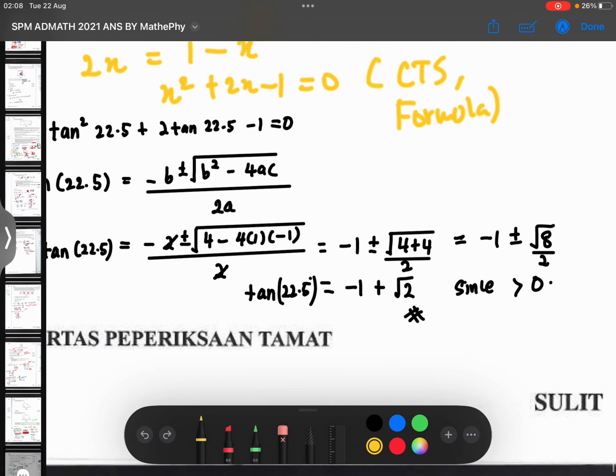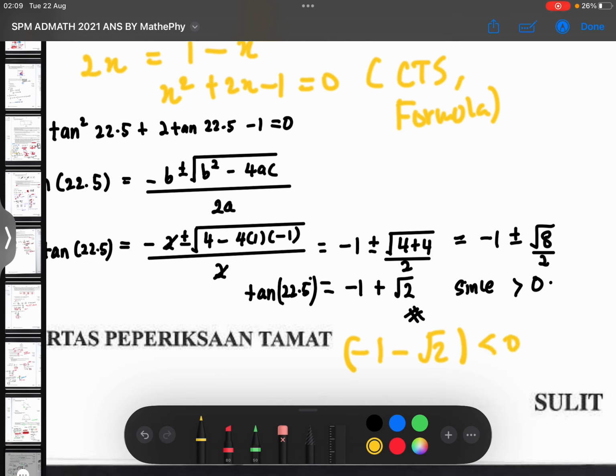Because for the formula you have plus and minus, you need to consider the plus version of the answer: minus 1 plus square root 2. Because if you take minus 1 minus square root 2, this will yield a negative number.